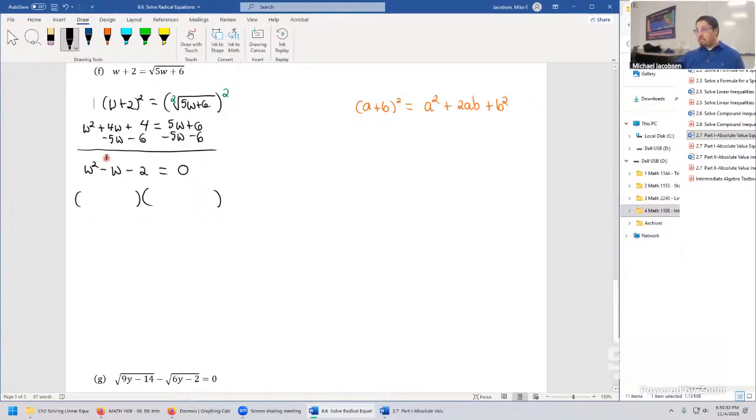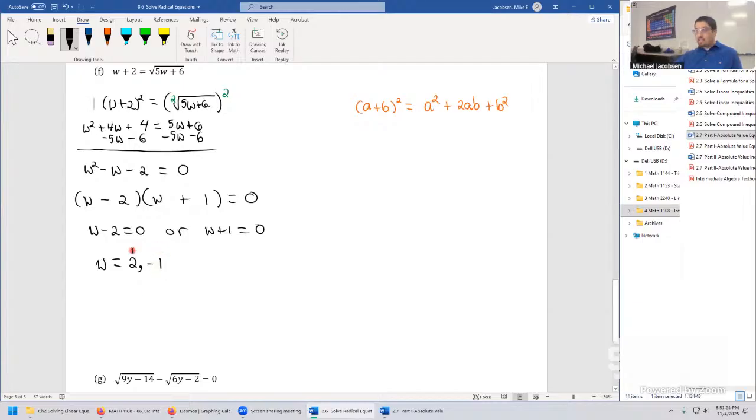These are unlike terms, unless you factor and use a zero product property. So this splits as w minus 2 and w plus 1, so it's a fast factorization. And then this implies w minus 2 is 0, or w plus 1 is 0. And we're looking at 2 possible solutions. W is either equal to 2 or negative 1.